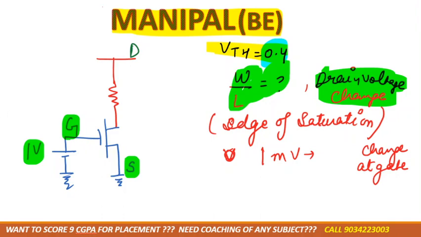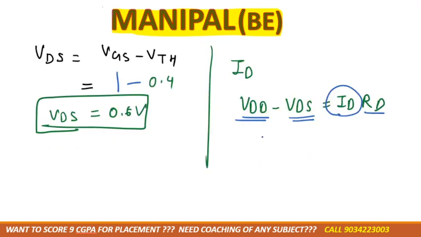Wait, RD is equal to 5 kilo ohm they have mentioned. Calculate it once. VDS we got it as 0.6, ID we need to calculate. RD is 5 kilo means 5000 ohm. Change in voltage they have given, that is 1 millivolt, 1 into 10 raised to power minus 3. Calculate from here what would be the value for ID.